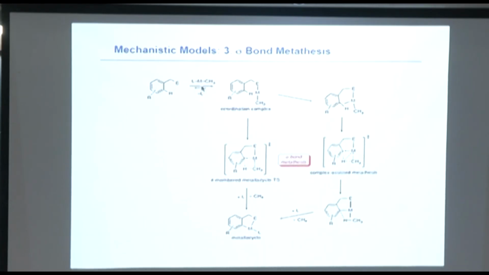It's a metathesis: sigma bonds, we just flip them over. As a consequence, this is not so dependent on the substitution pattern of the aromatic ring, because it doesn't matter whether it's electron rich or electron poor; it has to match the metal-carbon alignment.